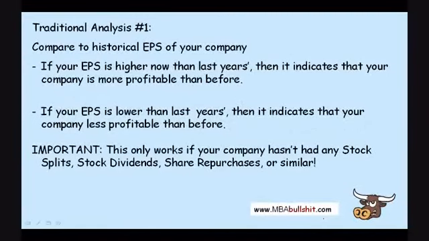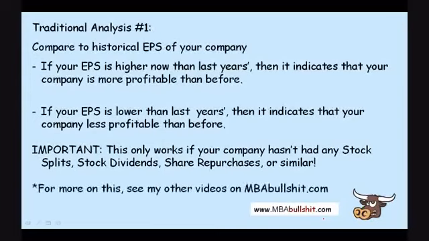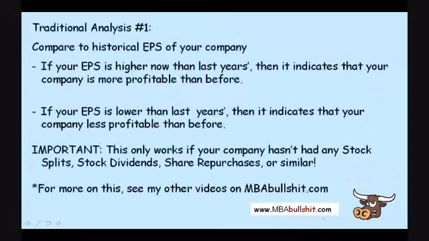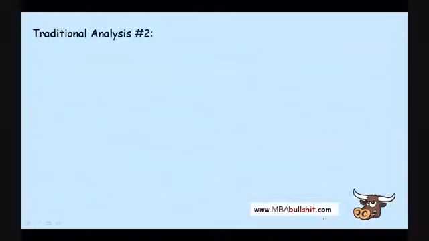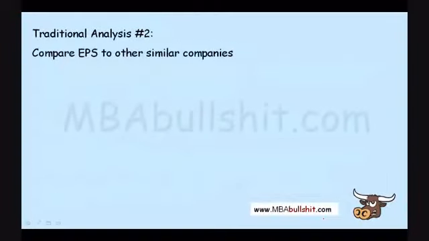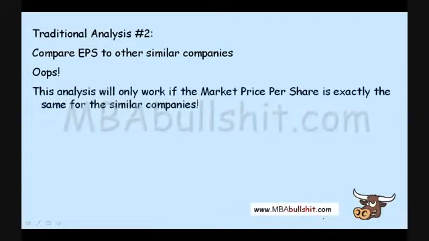The second way of analyzing, oh yeah, I forgot that I actually put that in this slide. Anyway, the second way of analyzing this is to compare the earnings per share of this company to other similar companies. But that's actually not really a good thing to do, I think. And why?